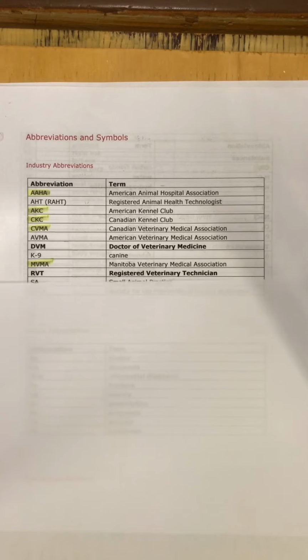Next we have the CVMA, which stands for the Canadian Veterinary Medical Association. The AVMA is the American Veterinary Medical Association. And a little bit lower down, the MVMA is the Manitoba Veterinary Medical Association. The CVMA is Canadian, so they speak for veterinary medicine in our country as a whole.